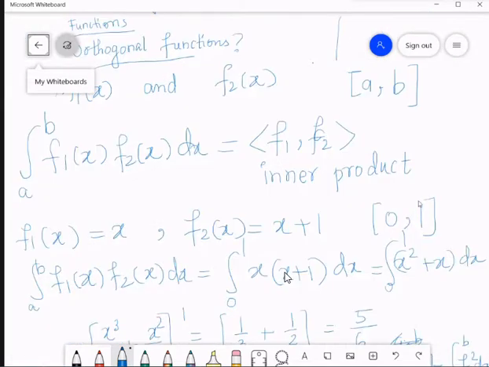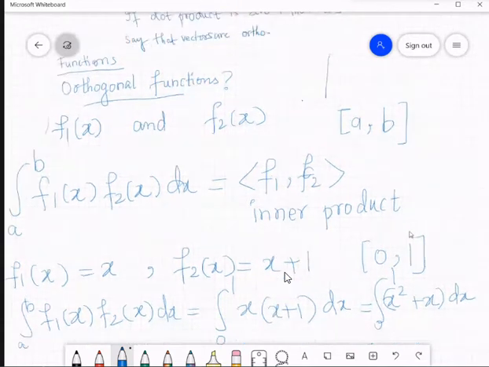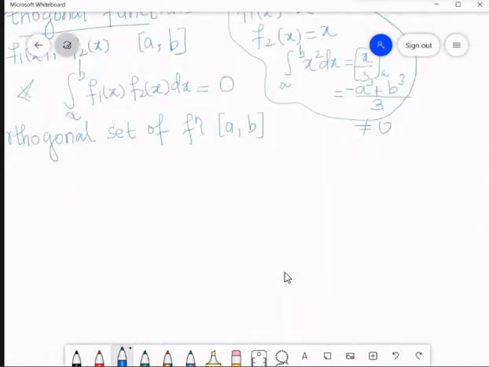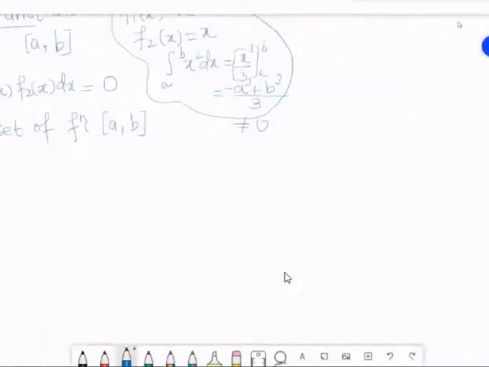Now finally, what I want to define is an orthogonal set of functions.